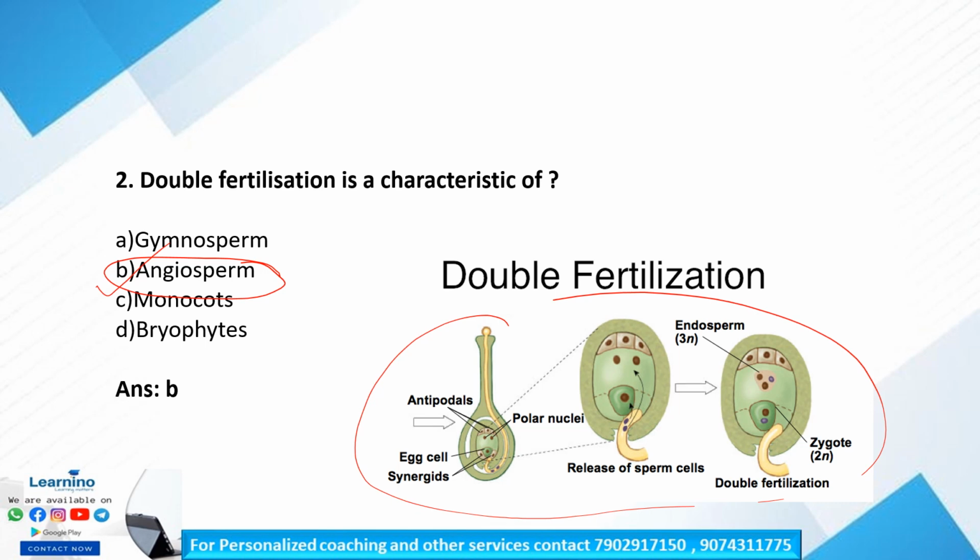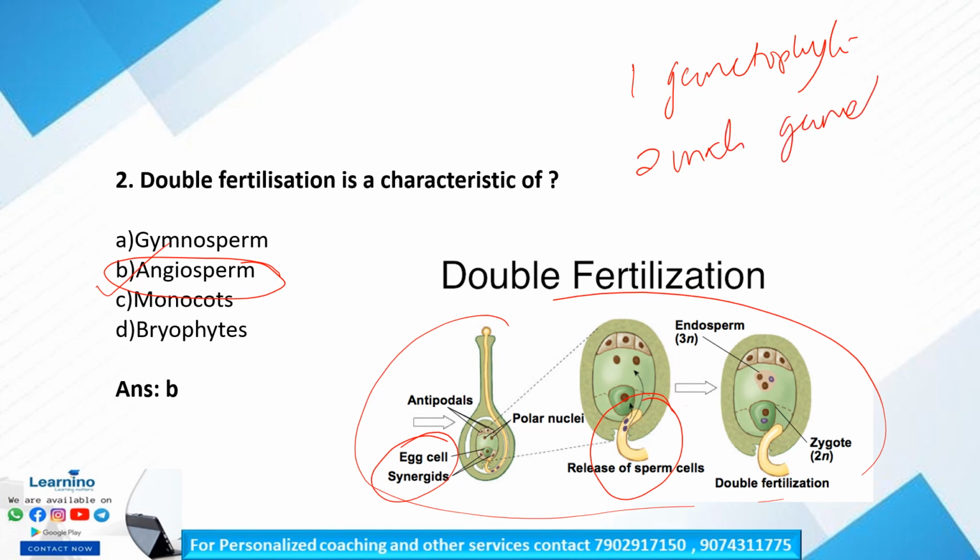This is the release of sperm cells by the male gametes, two male gametes, that fuse with the egg cells of the female. The process involves the joining of a single female gametophyte with the two male gametes.